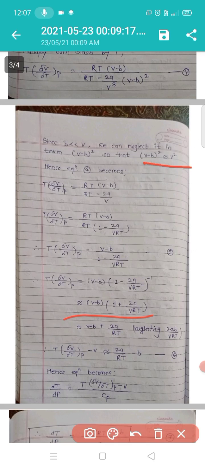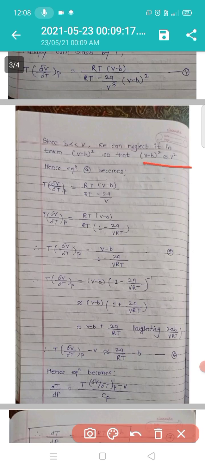upon VRT). Then neglecting 2ab by VRT, we get V − b is equal to 2a by RT. Therefore we get the final equation T ∂V/∂T minus V is nearly equal to 2a by RT minus b.